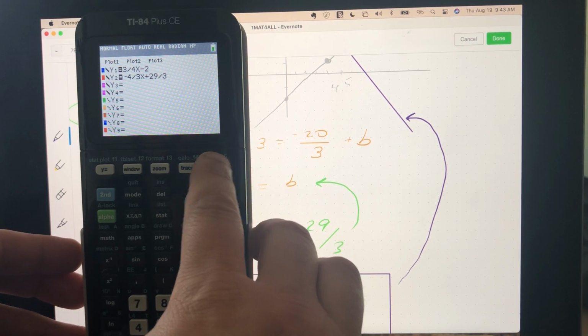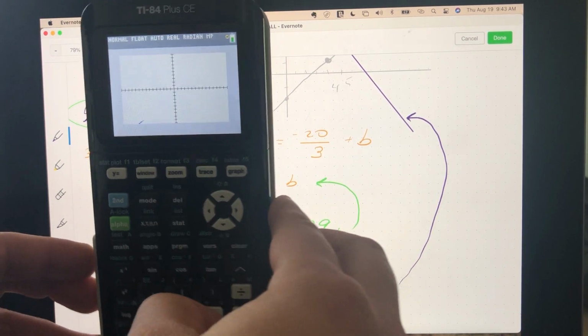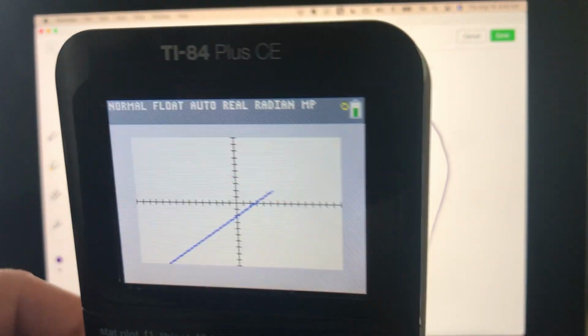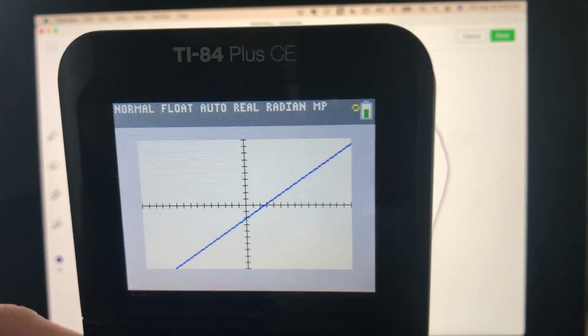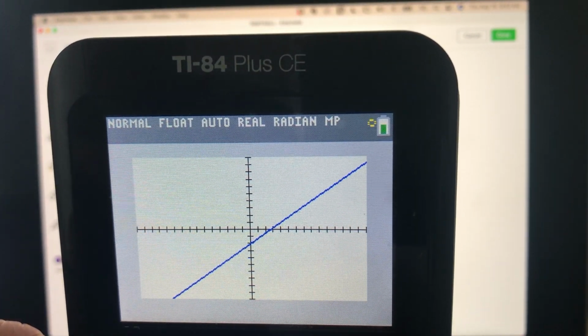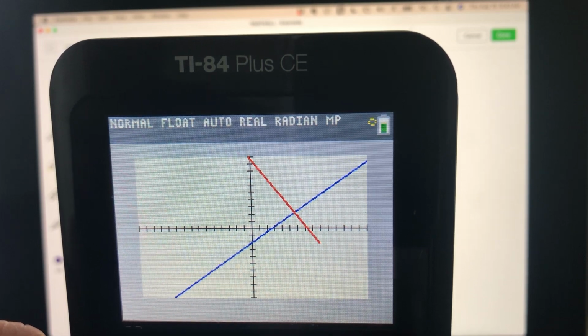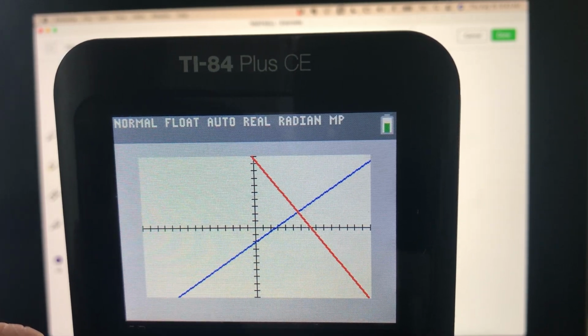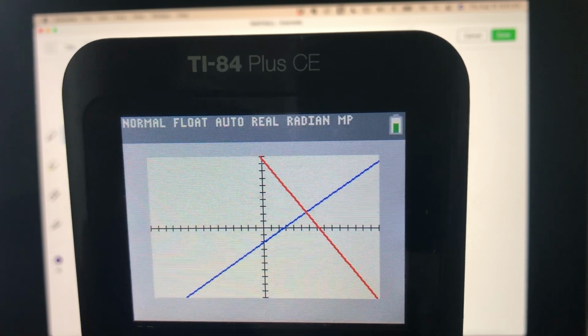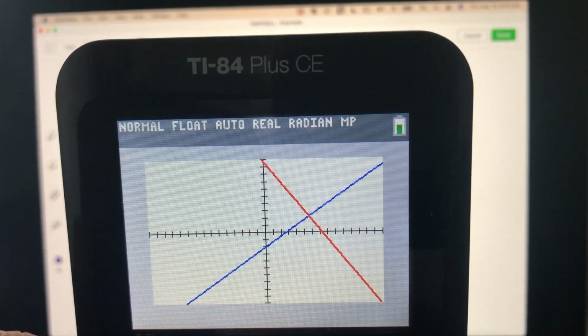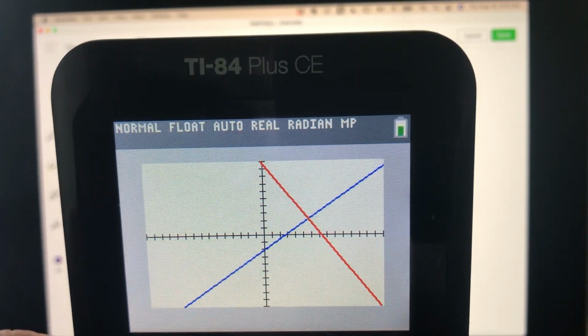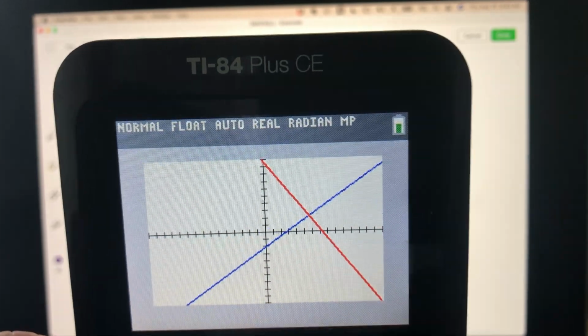So let's look at a picture. Here is the graph. That's the first line, and here comes the second. And they do appear to be perpendicular. Now let's see if the red line actually goes through the point that was given. The point was (5, 3). Let's look at a table.